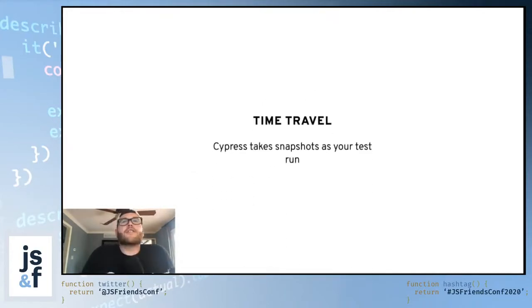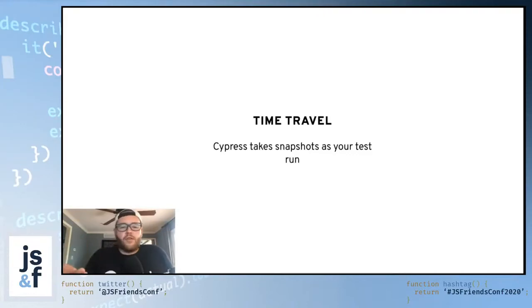Here are some high-level features that Cypress really does well and that set it apart from other frameworks. Cypress takes snapshots as your test runs. You simply hover over the commands in the command log, and you'll see exactly what happened at each step of the process.